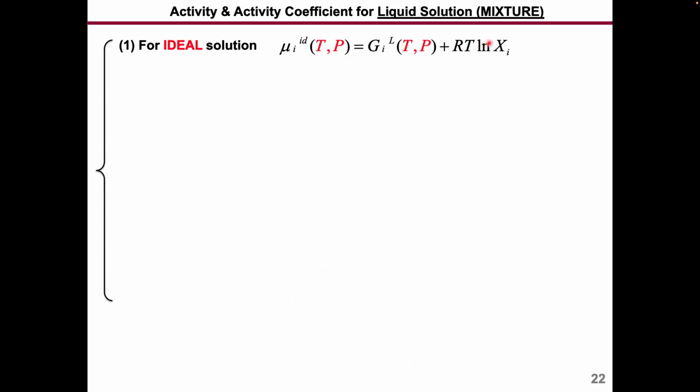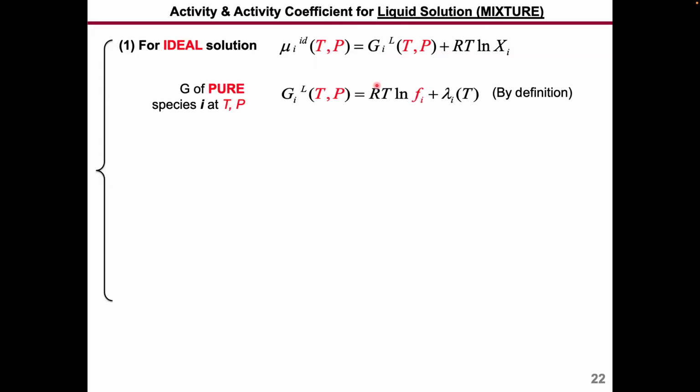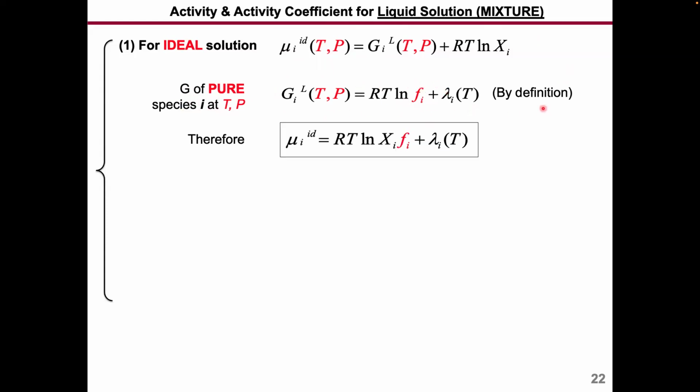For the liquid solution state, in terms of fugacity coefficient, we actually need to define activity and activity coefficient, right? Here is the basis. For an ideal solution, we already gave you this equation in the previous slide. And then for G of pure species i at T and P, Gi^L gives this fugacity, right?